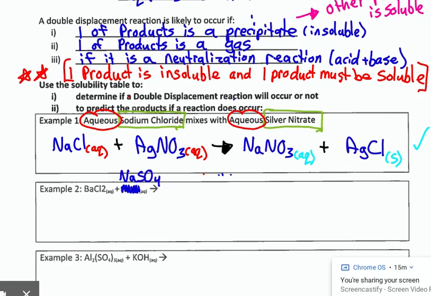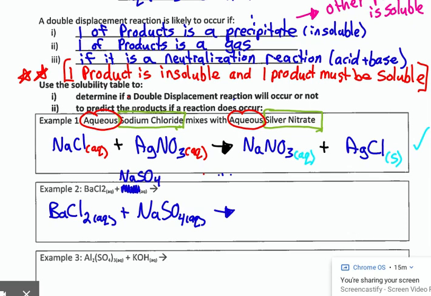I'm going to rewrite out our equation. So I'm going to write out barium chloride, BaCl2, AQ, plus sodium sulfate, NaSO4, AQ.